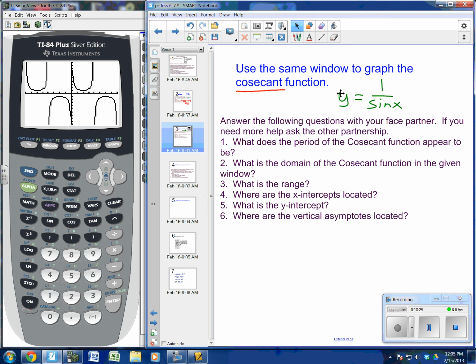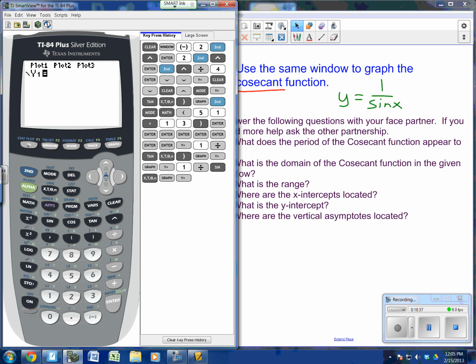You want to know what's cool about the cosecant function? Everybody go to your y equals screen. Go down to y2 and put in the sine of x and hit graph.